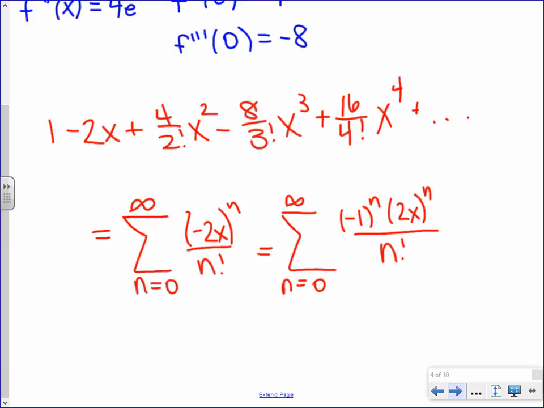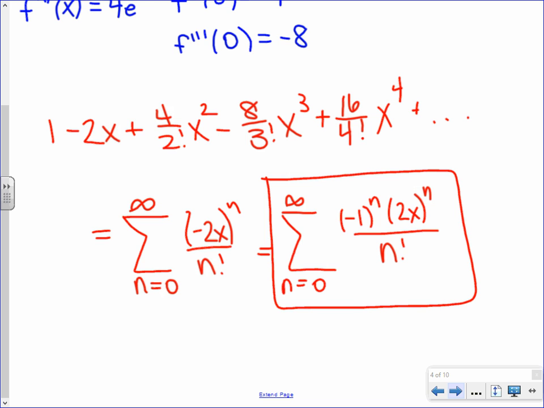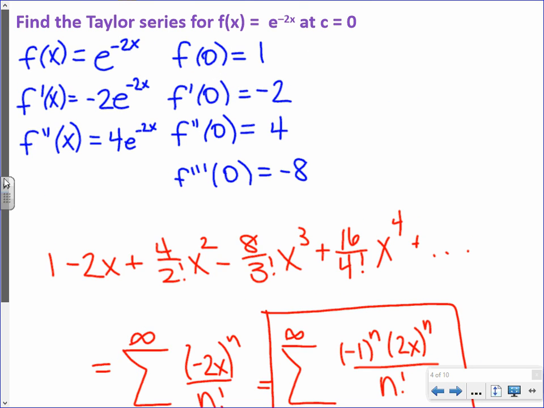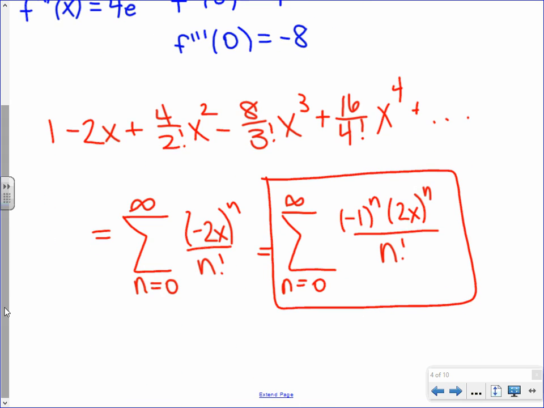And depending on the author, you might see it both ways, but let's just be in the habit of separating out the negative 1 to the power. Okay, so here is our series for e to the negative 2x. Okay, so this infinite polynomial is approximating e to the negative 2x at 0.